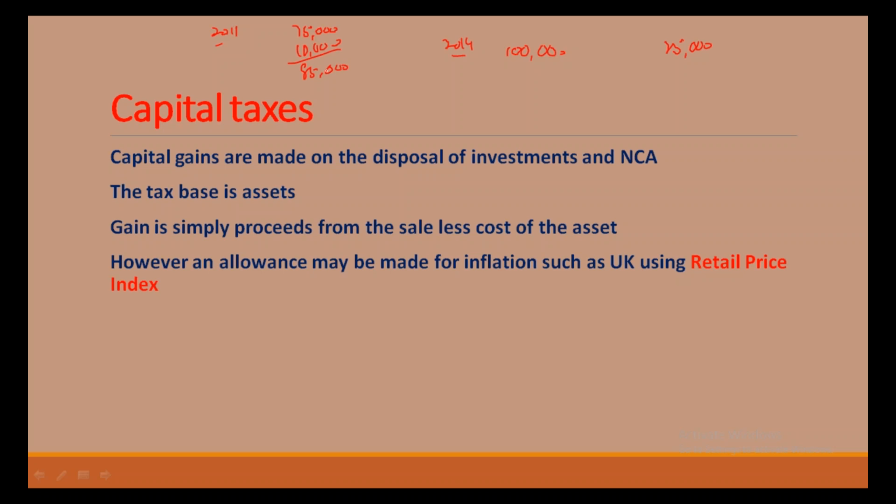So that is also part of your cost. When you sell it for 100, sometimes you may have to pay a broker some 5,000 in selling expenses. And finally, what you get in your hand is not 100, it is 100 minus 5, 95. So then the capital gain is between 85 and 95. It is only 10,000.